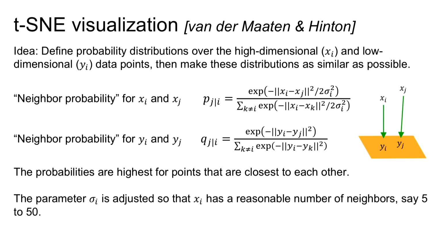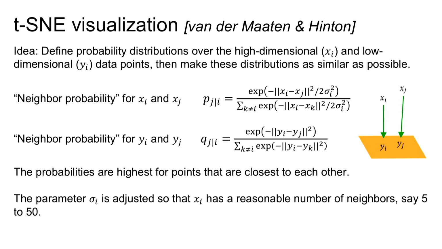It defines distances in high dimensions and low dimensions. The high-dimensional points, the original data set points, are the x_i's, in 1,000 dimensions in this case. And y_i and y_j are the corresponding projections, almost always in 2D. So y_i, y_j are in 2D, x_i, x_j in much higher dimensions.